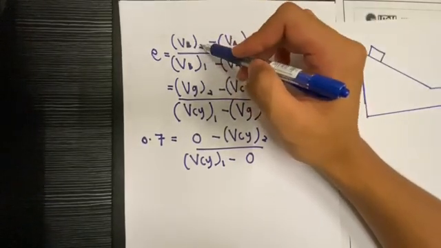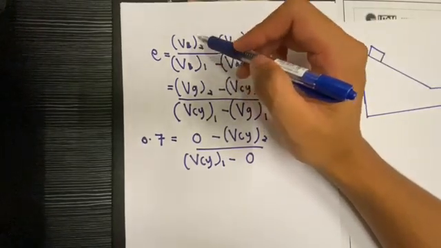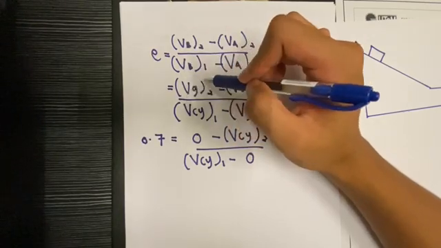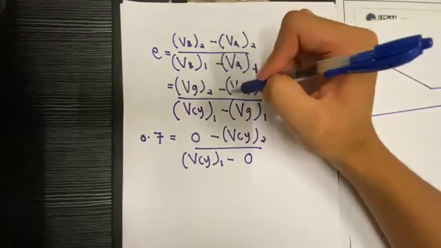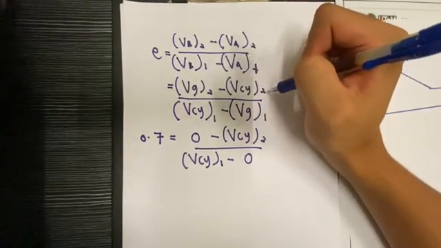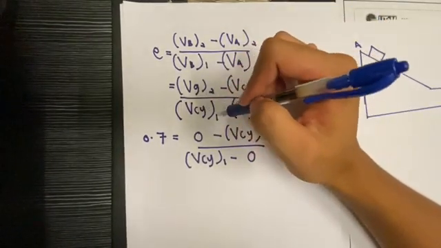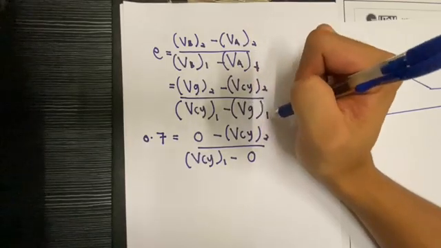So VB2 we can replace with VG2 minus VCY2, divided by VCY1 minus VG1.